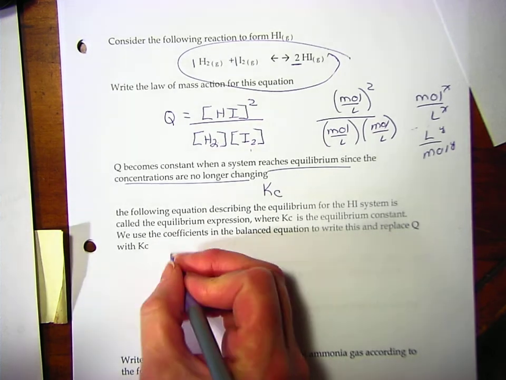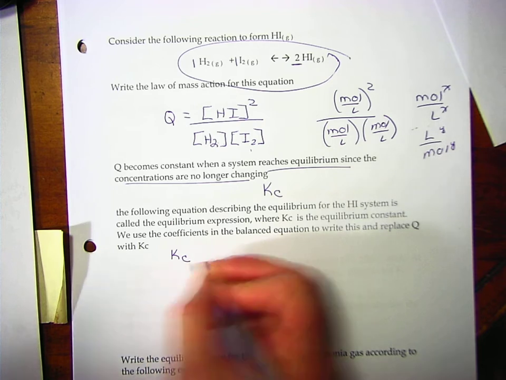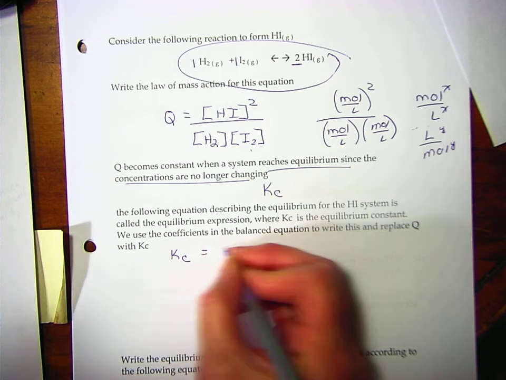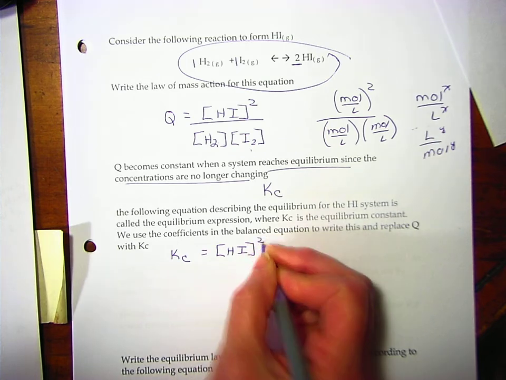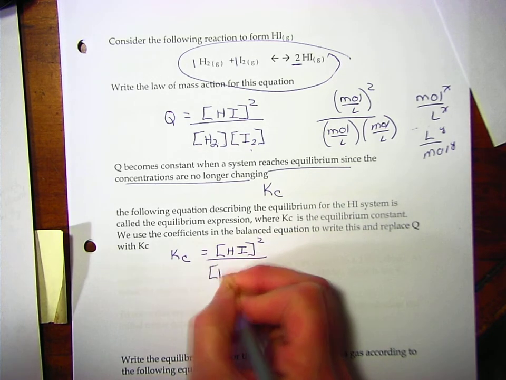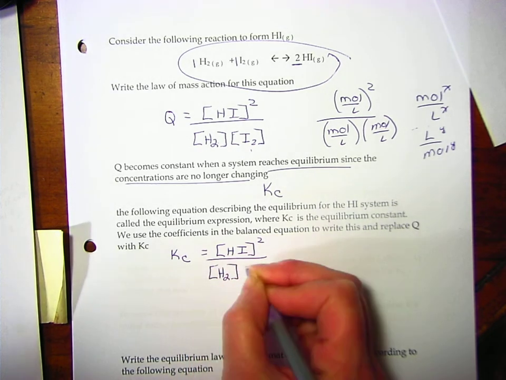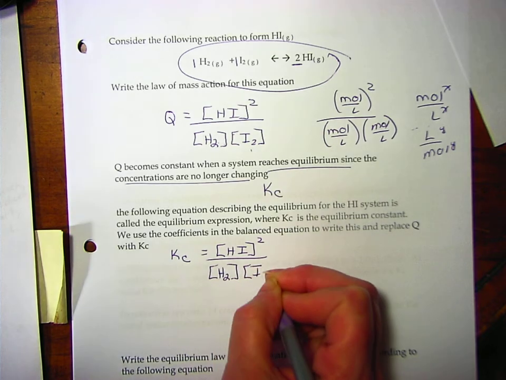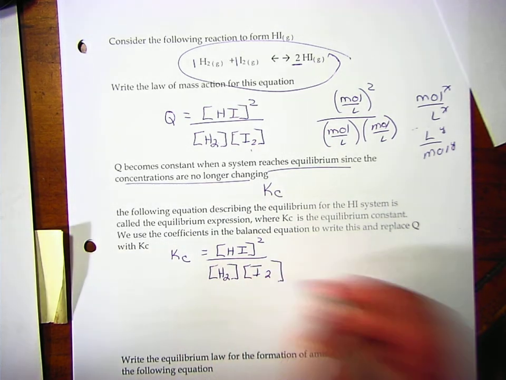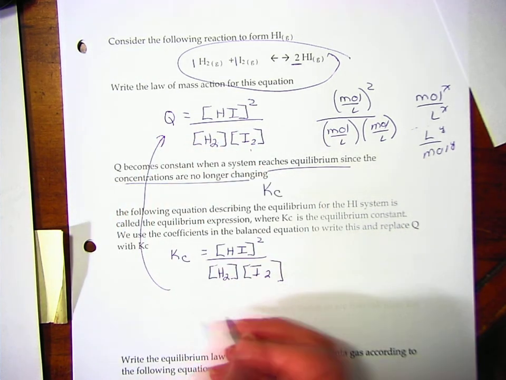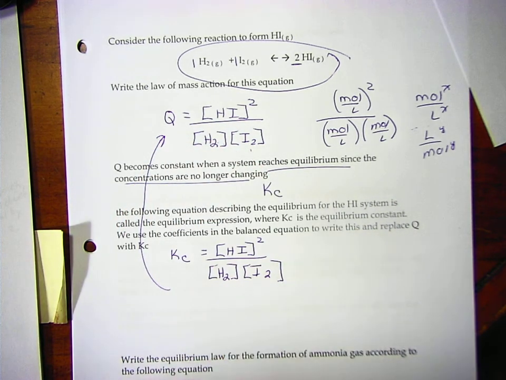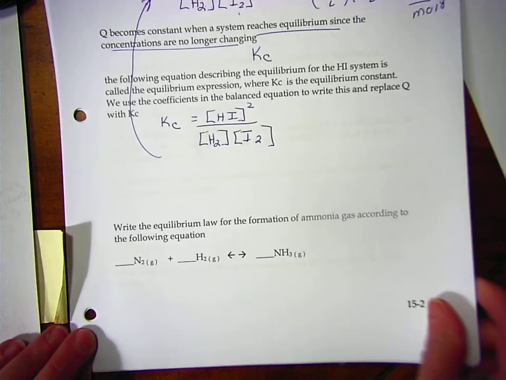So now instead of Q, we can write K sub C, our equilibrium constant, is equal to the hydrogen iodide concentration squared divided by the concentration of hydrogen times the concentration of iodine. And if you look at this, it's identical to my Q, but we've replaced Q with K sub C. Now, the really important thing is to make sure that you always balance the equations before you start writing.